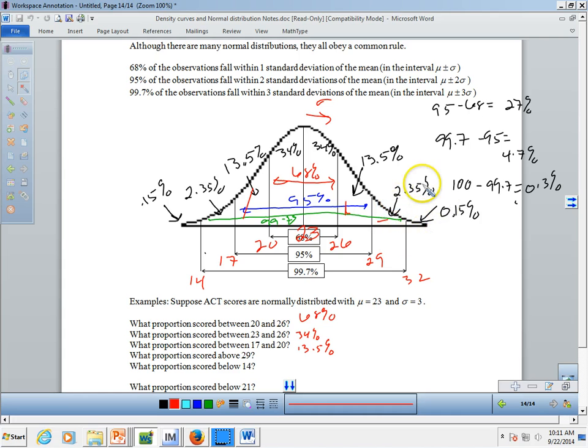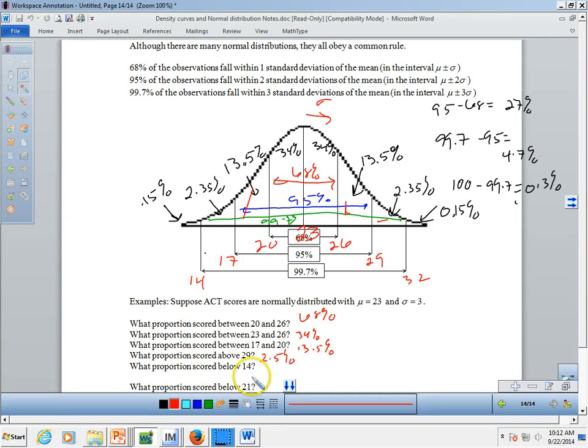But I only want the top half, so I need half of 5%, which is 2.5%. So 2.5% is one way to do this. Now, if you've got these intervals broken out, then above 29 gets me 2.35% with this area, and then 0.15% with this area, and you add those two, and you're going to get 2.5%. So there's a couple different ways to go through these calculations.